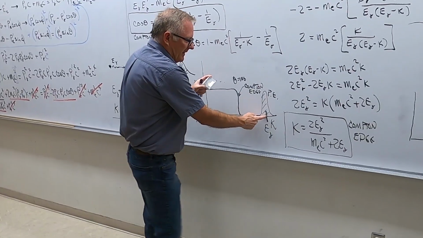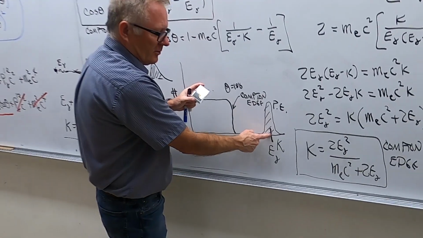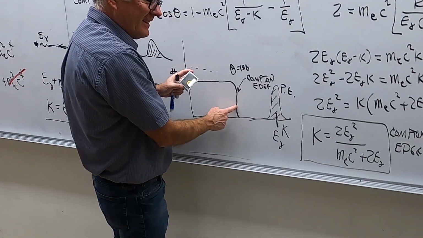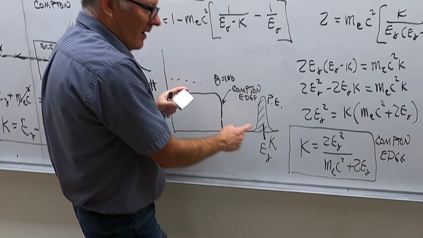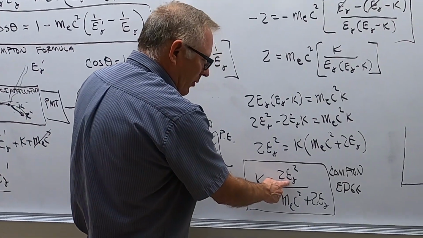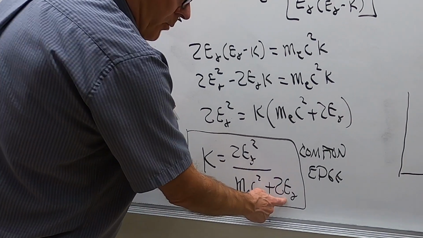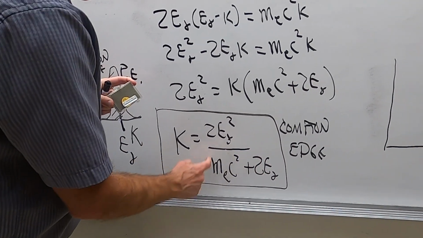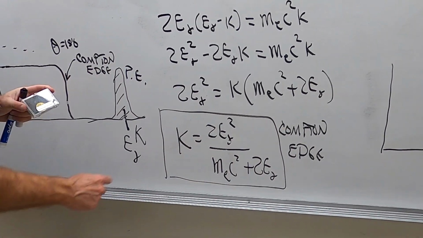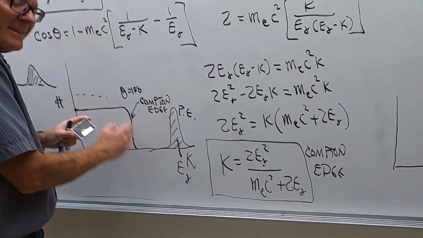So this energy is 0.662. If I wanted to figure out where this edge was, all I'd have to do is plug in 0.662 there, 0.662 squared there, and plug in a half right there, 0.5. And that would tell me where this edge is.